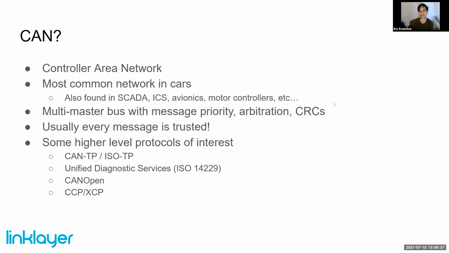Every frame also gets a hardware-level CRC, so you get some level of integrity checking, though not against an attacker. This often brings us to the problem with a lot of CANBus systems from a security standpoint, which is that the networks tend to be trusted: when you send a CAN frame, everyone on the bus is going to believe that it's real and process that data as it's received.